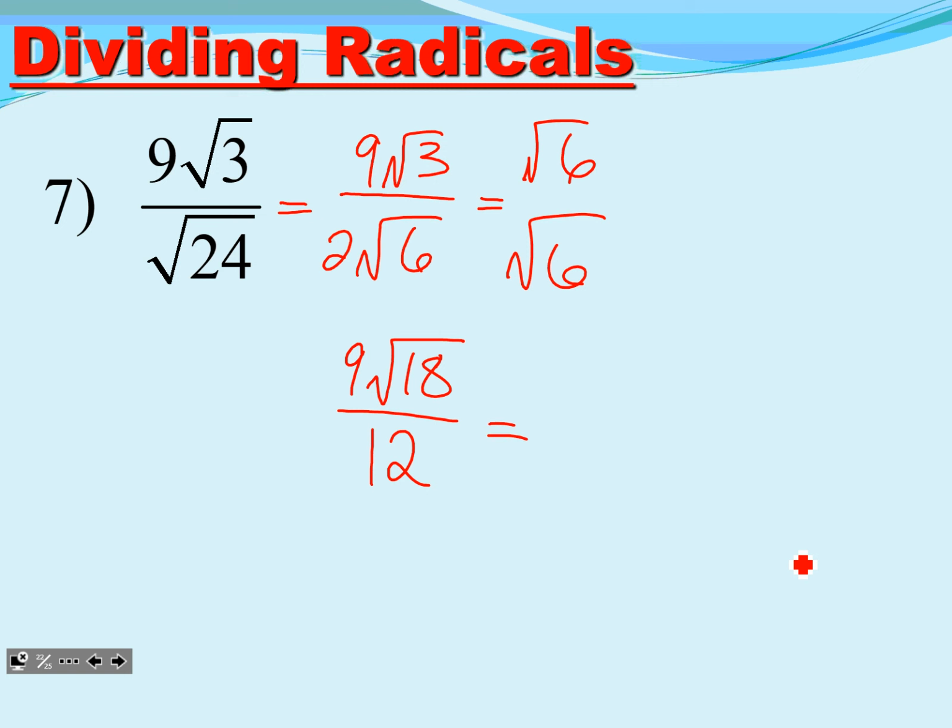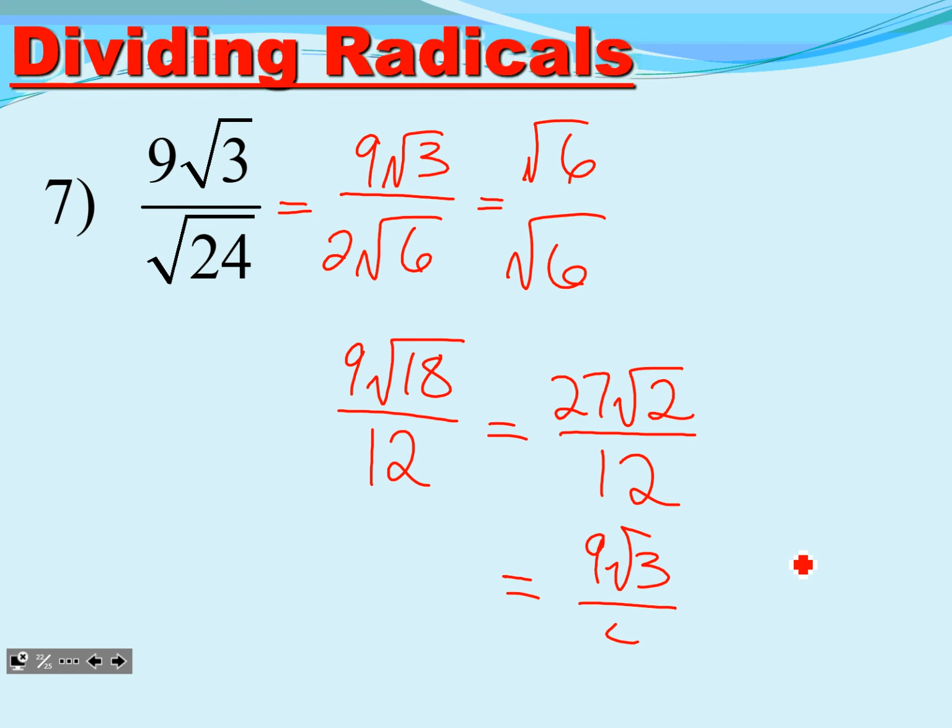That eventually becomes 27 root 2 over 12. So if you look at it, it's still a fraction. You can still simplify this. You can simplify the 27 and the 12. And so that's eventually becoming 9 root 3 over 4.